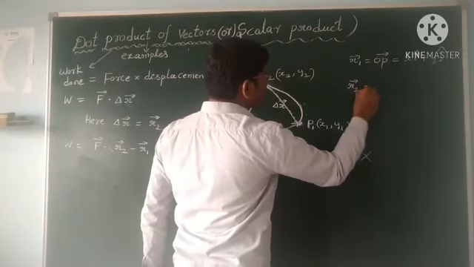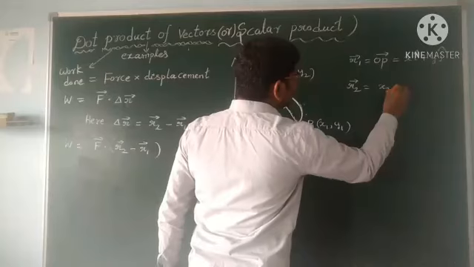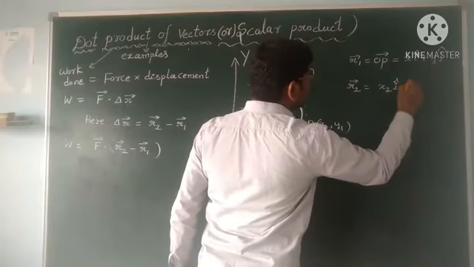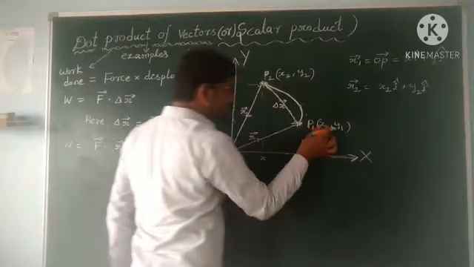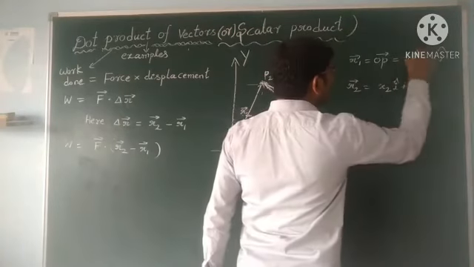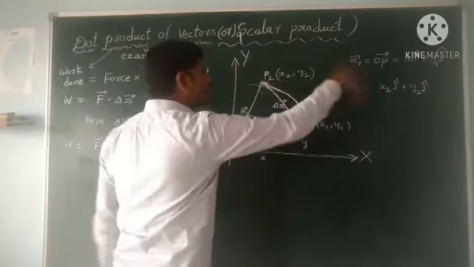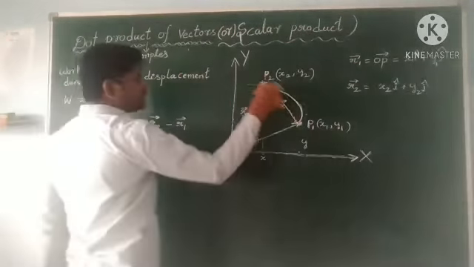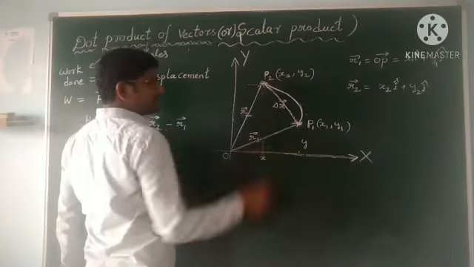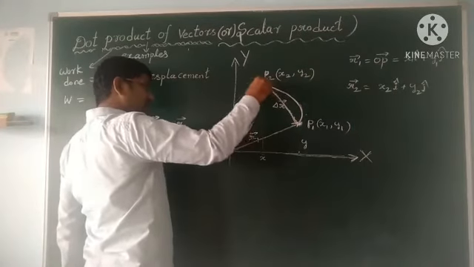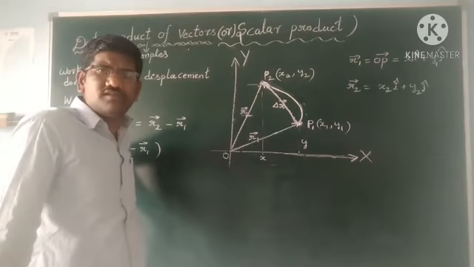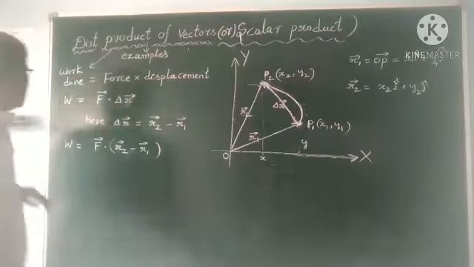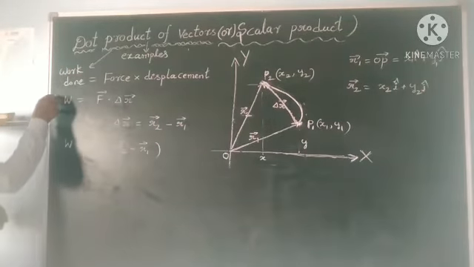So R2 bar we can write as x2 i cap plus y2 j cap, and here x1 i cap plus y1 j cap. So the difference we will take. The direct line segment drawn from the initial point to the final point gives the displacement. So you got it. This is the first example.